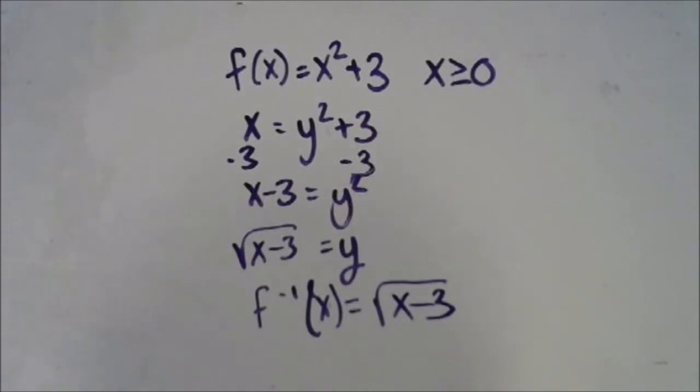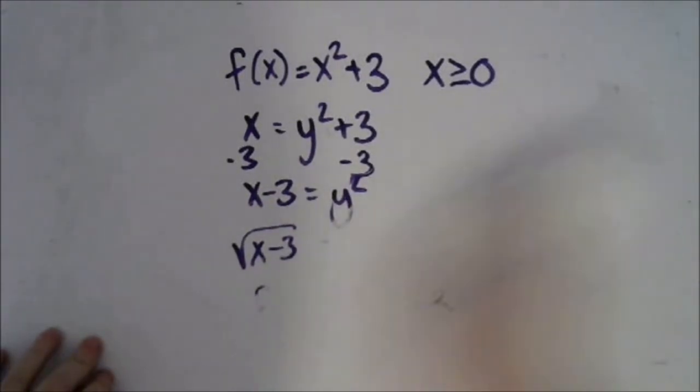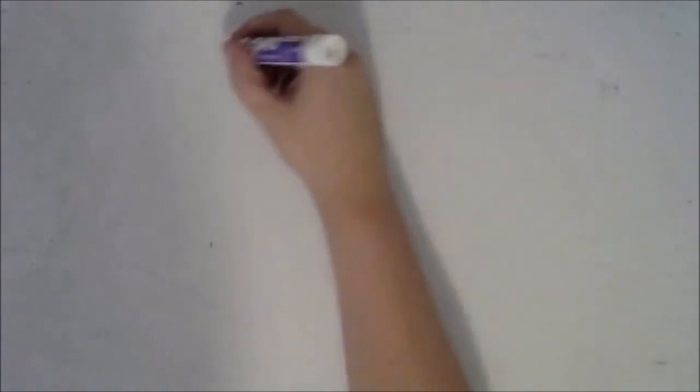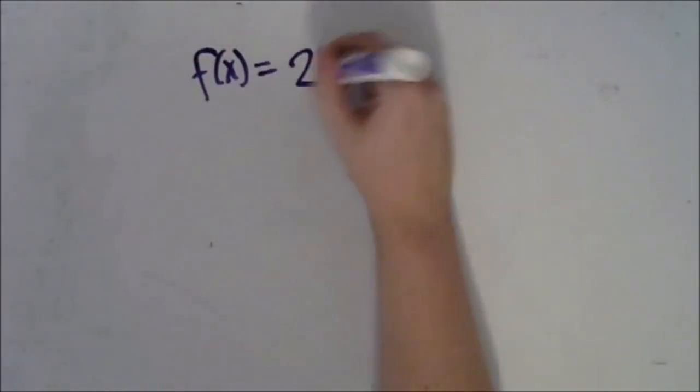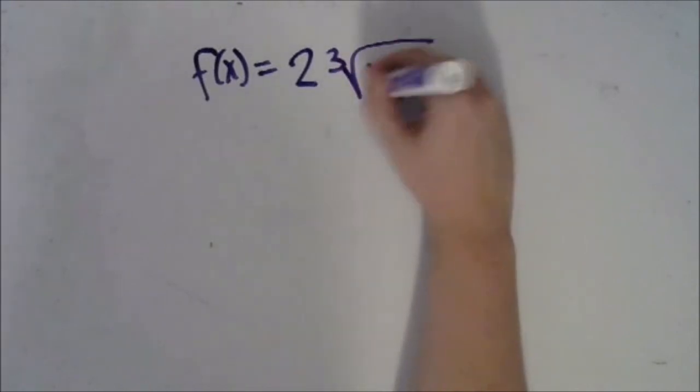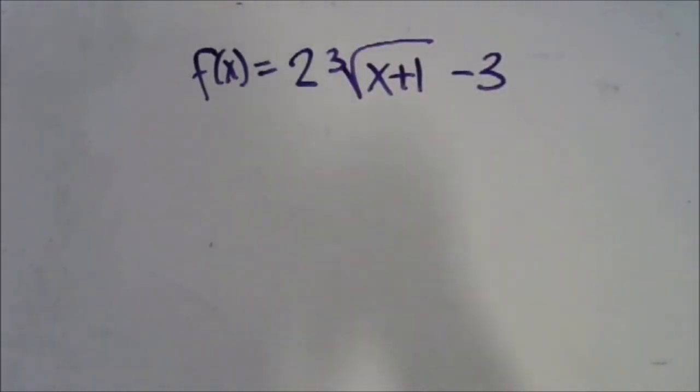The last example in our notes is a cube root function, and the inverse of a cube root is a cubic. So we are going to solve, fairly complicated with a number of steps, 2 cube root of x plus 1 minus 3. Start by switching x and y.